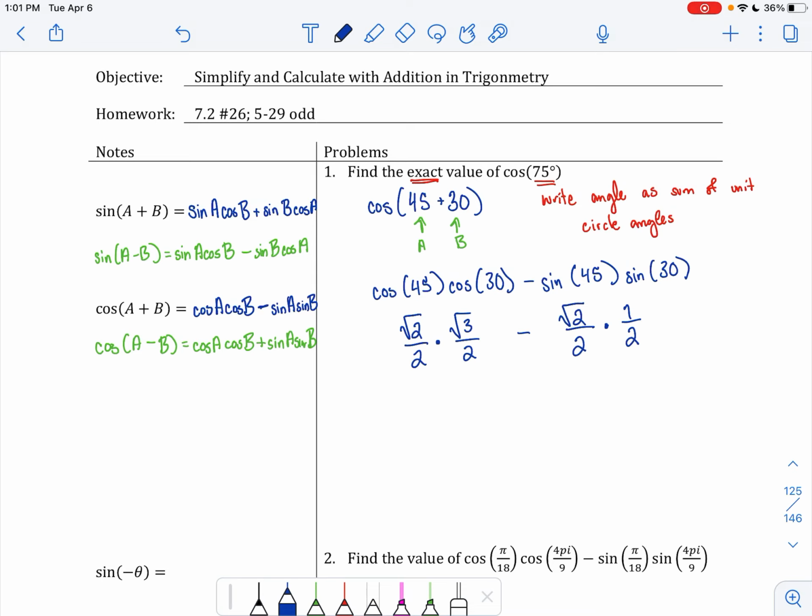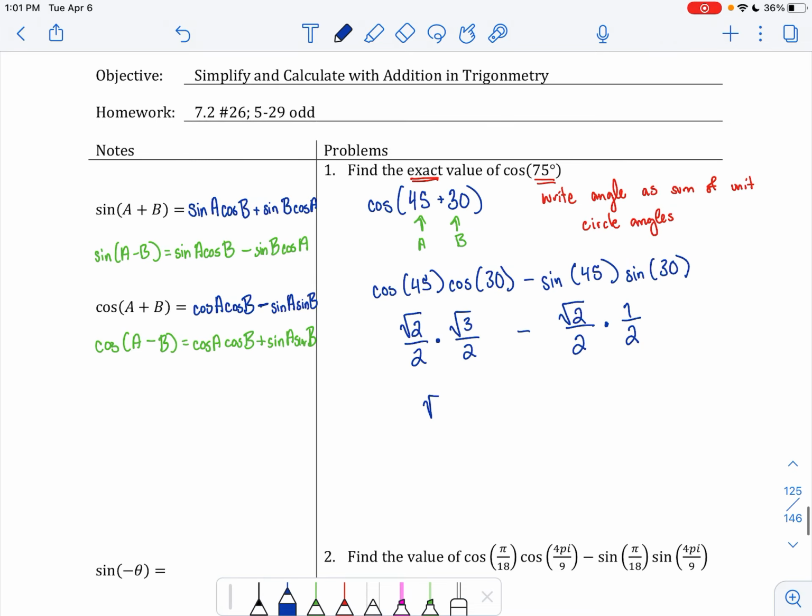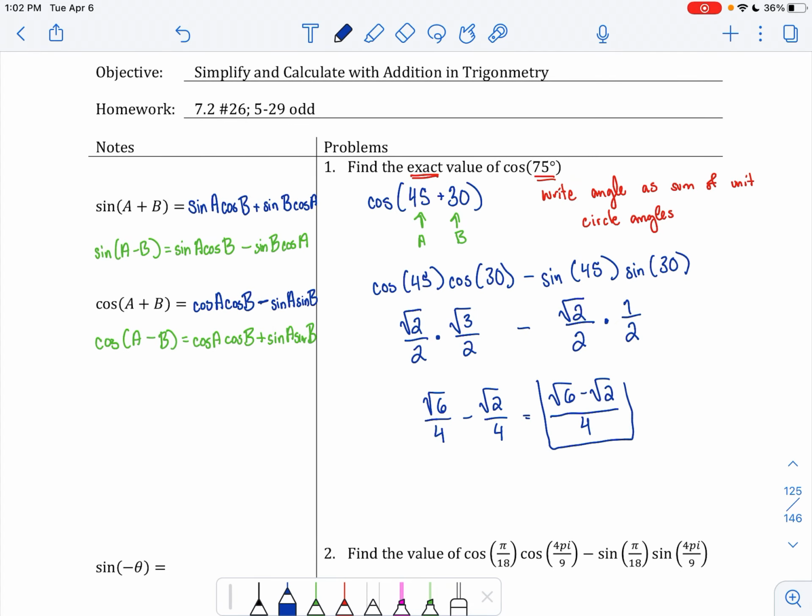From there, we're just going to evaluate and simplify. So this becomes root 6 over 4 minus root 2 over 4. They have a common denominator, so we can write this as root 6 minus root 2 over 4. Root 6 and root 2 aren't like terms, so the exact value of cosine of 75 degrees is root 6 minus root 2 over 4.